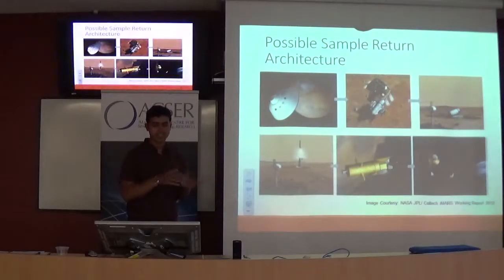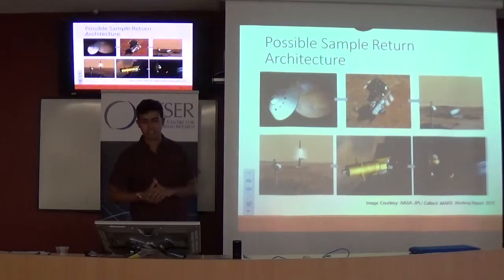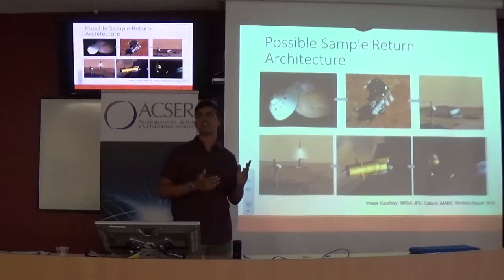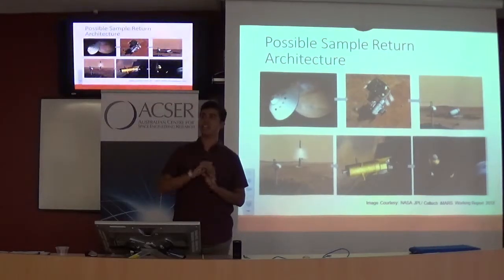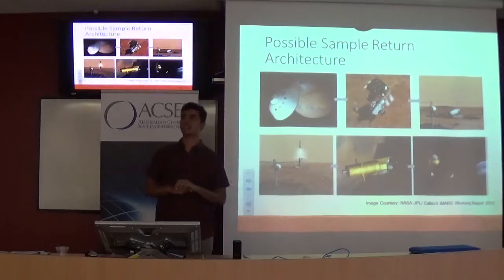So just to give you an idea, this is just one of the sample return architectures. As you can see, you fly to Mars, you use a sky crane very similar to what the Mars Science Laboratory had used, and then you land a lander onto the surface.